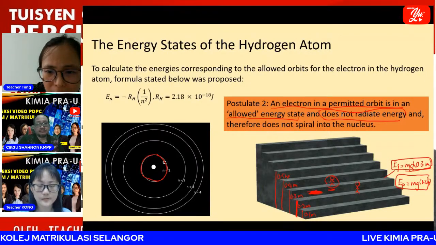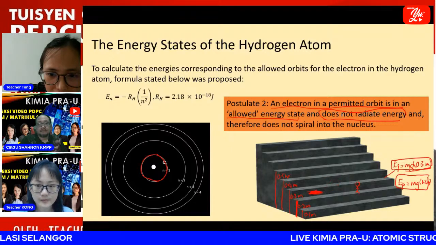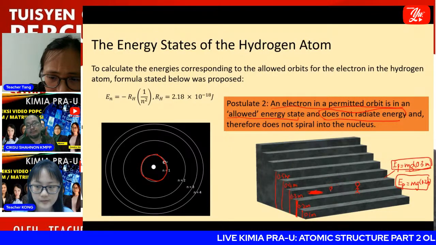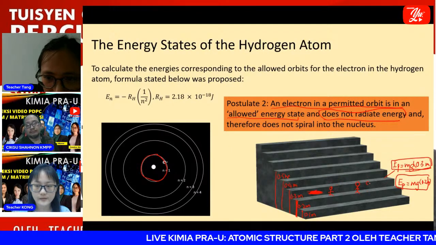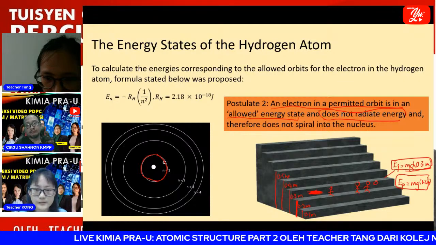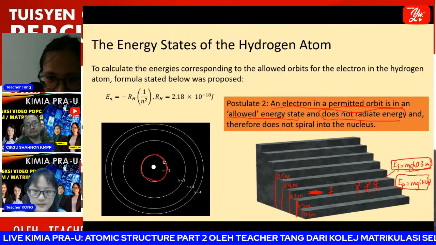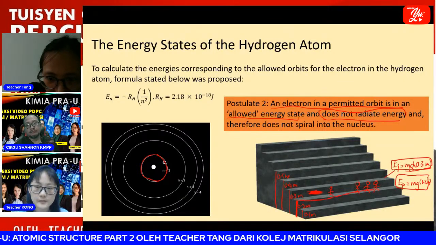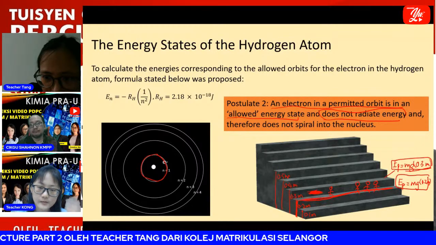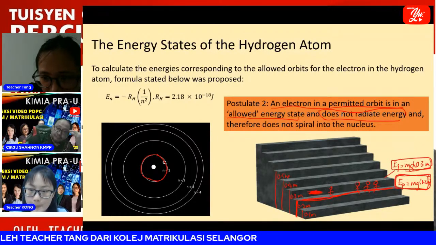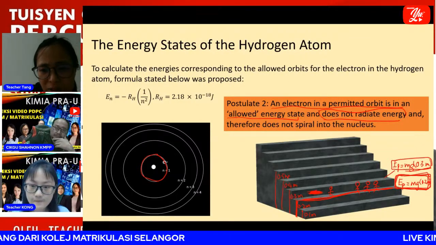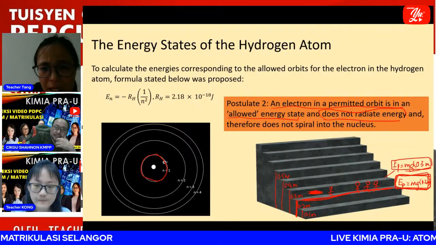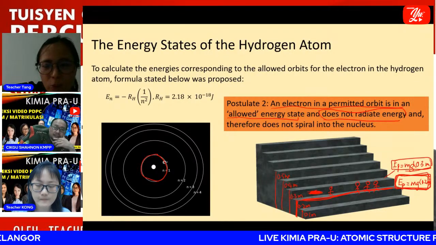Just like me on the second step, I can be here, here, or here. As long as I'm on this second step, I will have this gravitational potential energy, but I will not lose any of it because I'm not moving between the steps.